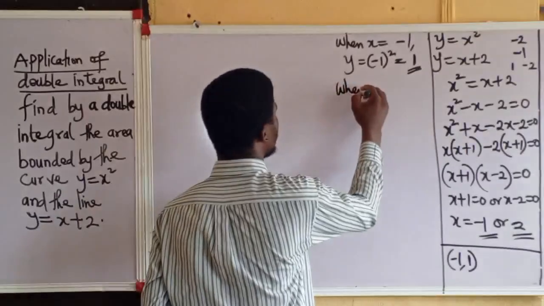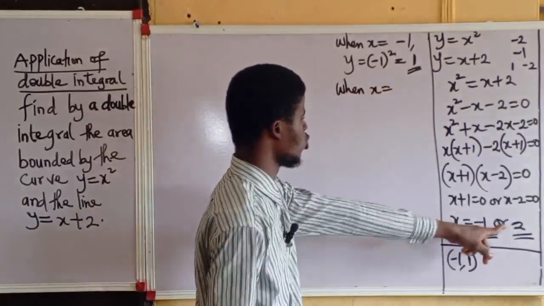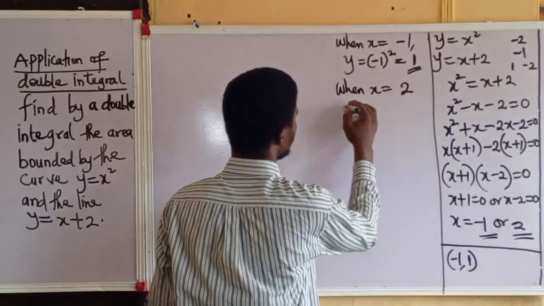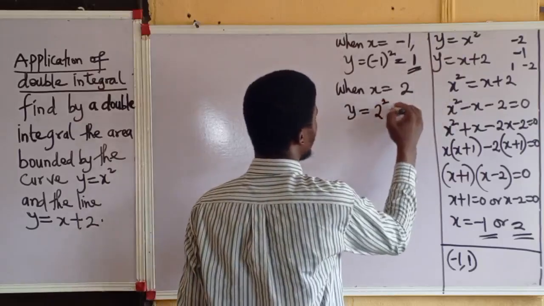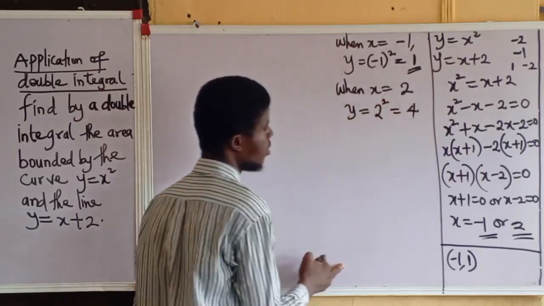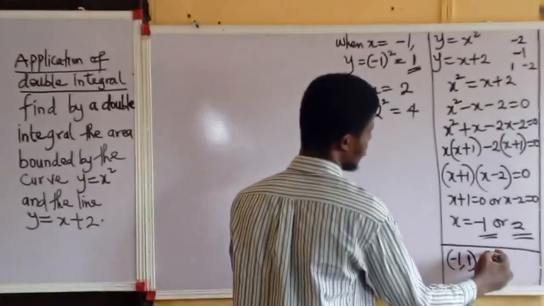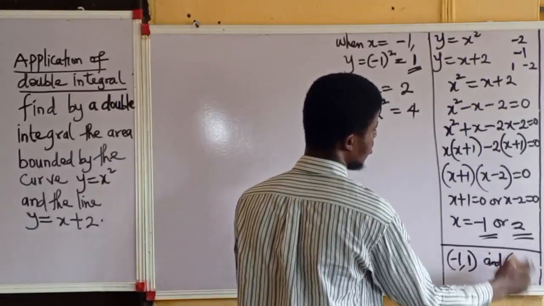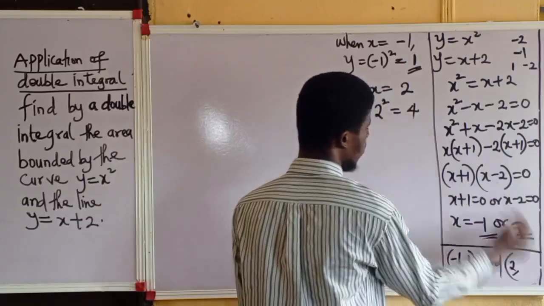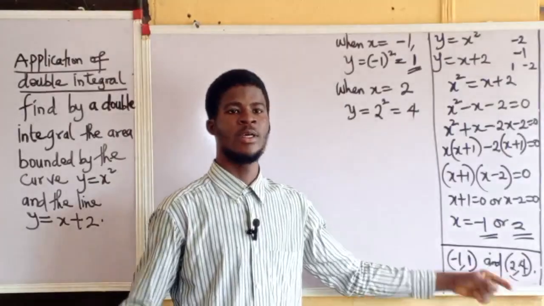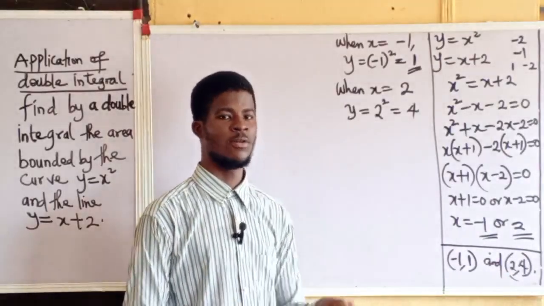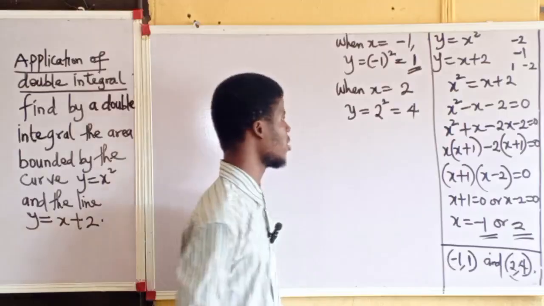When x is equal to 2, if I plug in 2 here, y will be 4. So when x is 2, y is 4. These are the points of intersection, the points where the curve and the line meet.